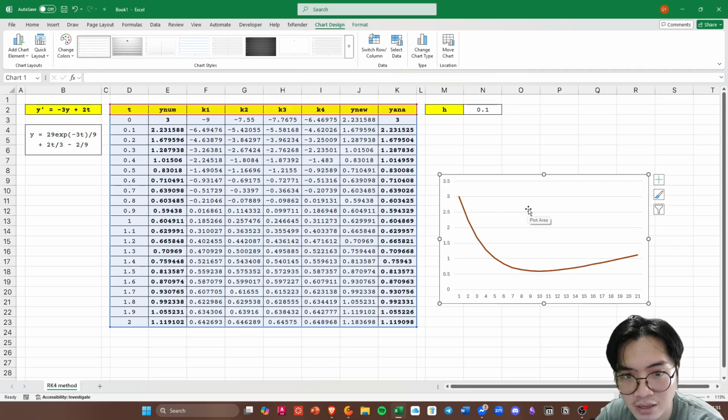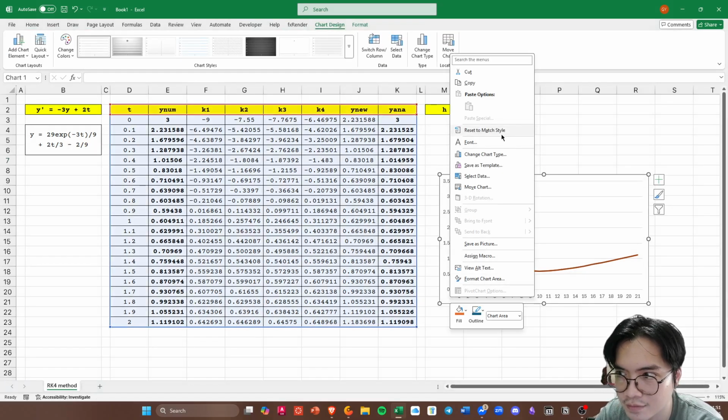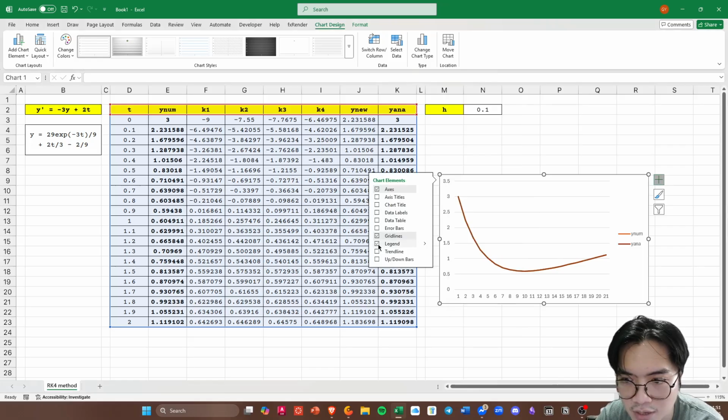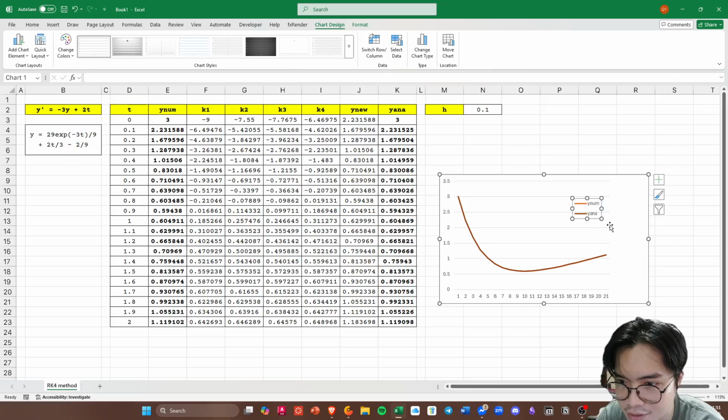Apparently, wow, lots of agreement between the two. Let's check the legend. Let's have a legend right here. I can't even see the light orange at this point.